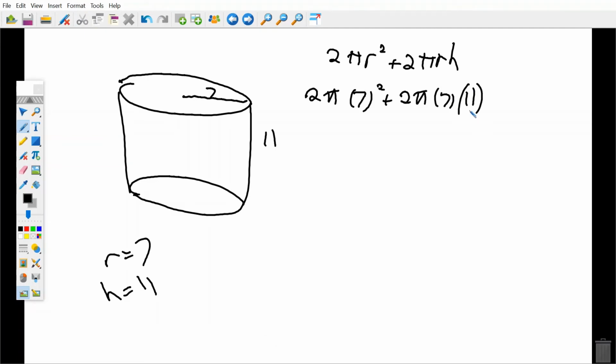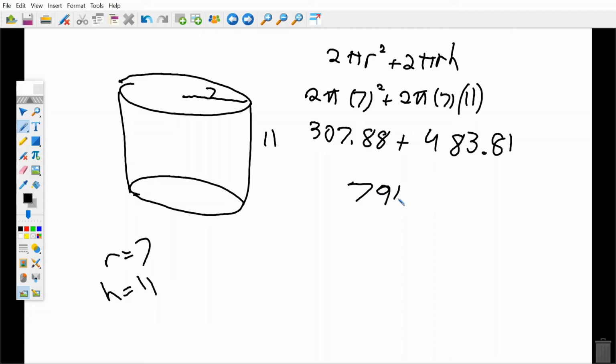So 49 times pi times 2 is 307.88, plus 2 times pi times 7 times 11 is 483.81. Add those together: 791.69.